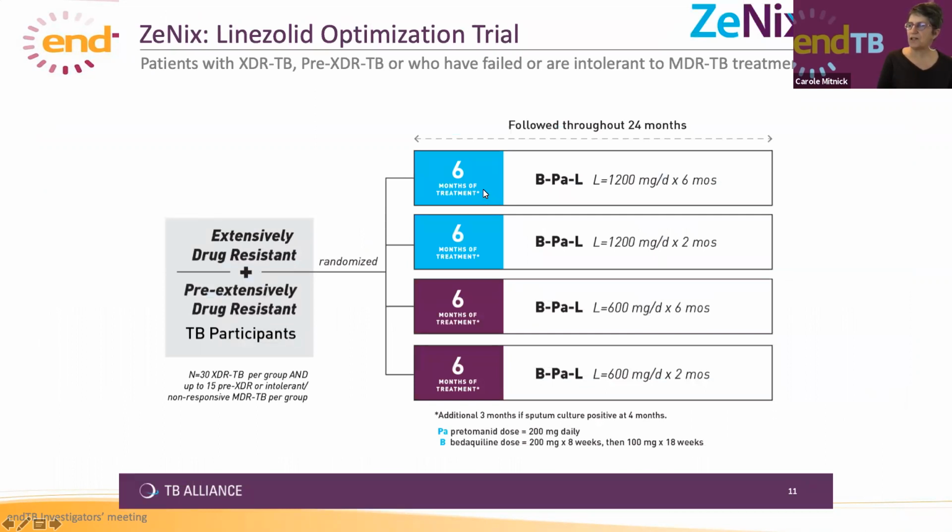So ZeNix follows, still using the BPaL regimen, but examining 4 different dosing strategies for linezolid. There are two 1,200 milligram daily strategies, one for 6 months, the other just for the first 2 months of treatment, and then also the 2 600 milligram daily arms, again, one for 6 months and the other only for 2 months.